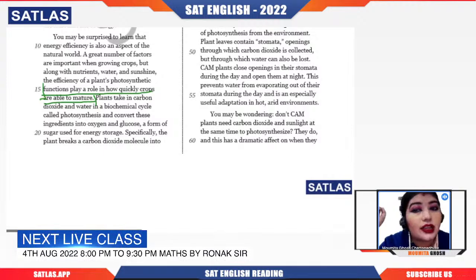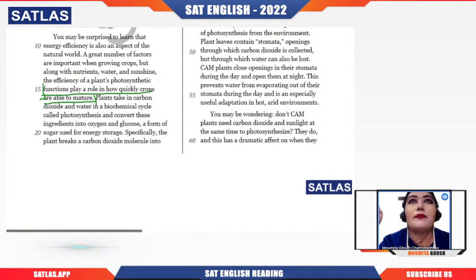But in some plants, such as CAM plants, what do you mean by CAM plants? CAM plants means the pineapple, kalanchoe, and several other plants. Photosynthesis occurs during the night time.